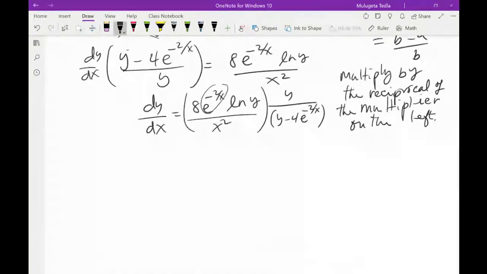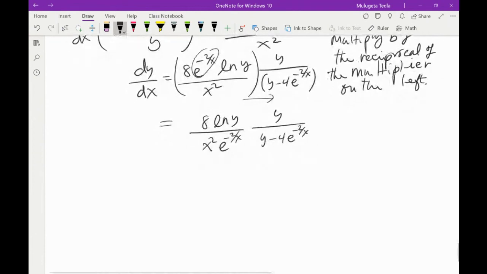You can even switch this into a positive exponent, so you can multiply it with this. So I could do a little bit better. 8 ln y over x squared e to the minus 2 over x of y over y minus 4 e to the minus 2 over x.